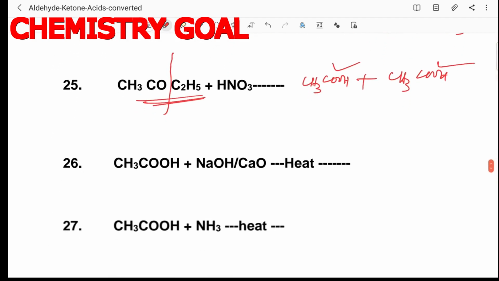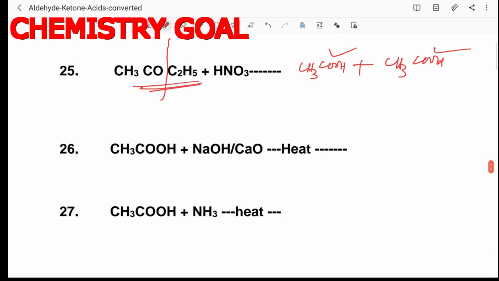Okay, then CH3COONa heated with NaOH, that is called soda lime, on heating produces an alkane. As it is CH3COONa, the result is methane plus sodium carbonate.